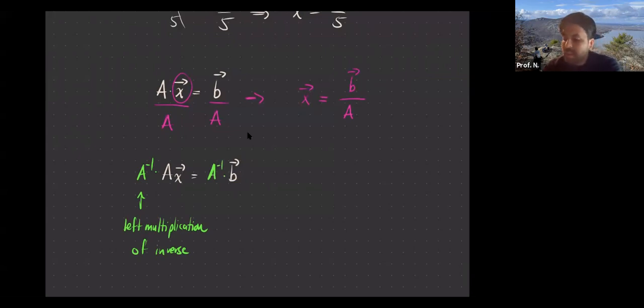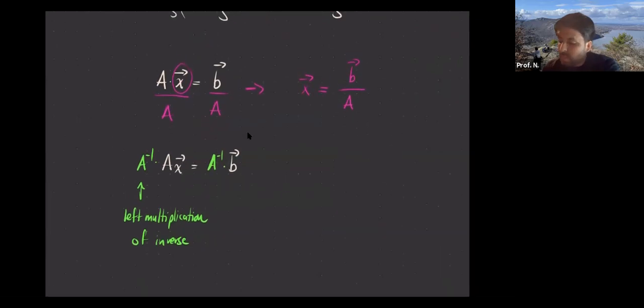Now the question that arises is, what does A inverse multiplied by A equal? So think about it. 5 times the multiplicative inverse of 5 gives me 1, right? And 1 is the multiplicative identity. So now the question becomes, suppose this matrix does have an inverse.